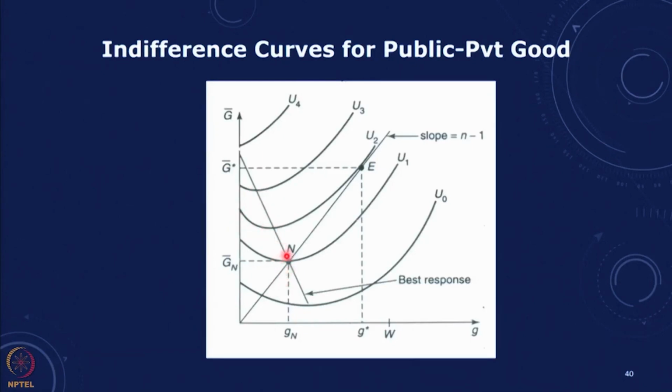But the interesting thing that we see is that the total amount of the good that we are producing, Gn plus Gn cap, is lower than the optimal amount G star and G star cap. And that's an interesting thing, which tells us that when we talk in terms of a public good, the market provision of the public good is not efficient.